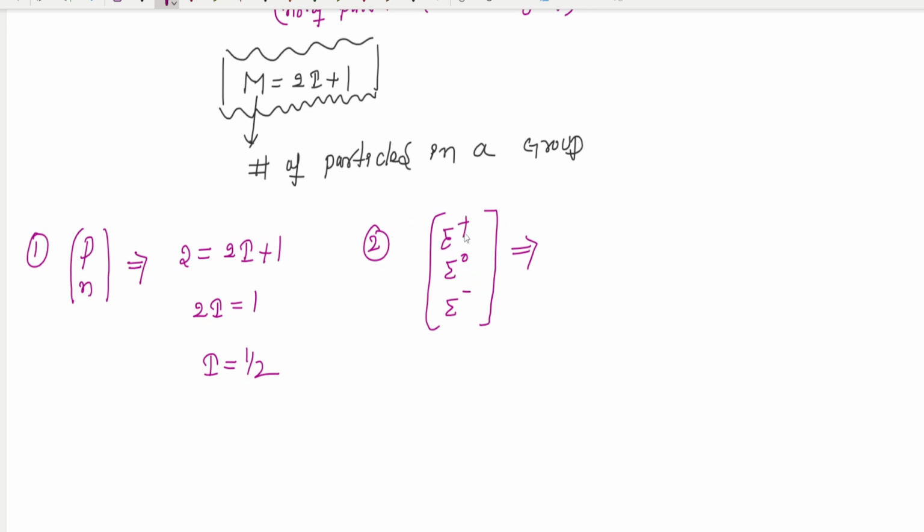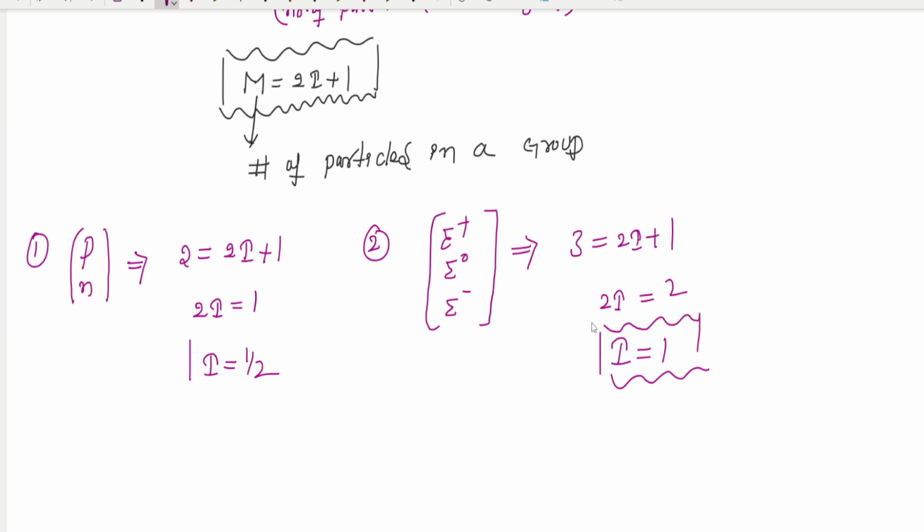So how many particles are there? Three particles. This is how we simply calculate the isospin. Isospin is the same for all these particles irrespective of plus, naught or minus.